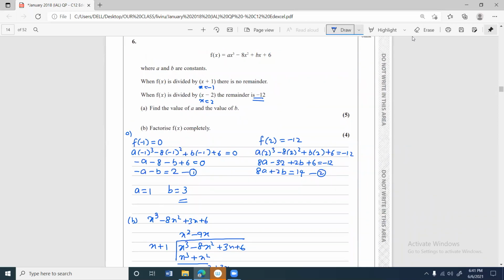If I put x equals minus 1, the answer is 0. Minus a minus 8 minus b plus 6. Yeah, a is 3 and b is minus 5.